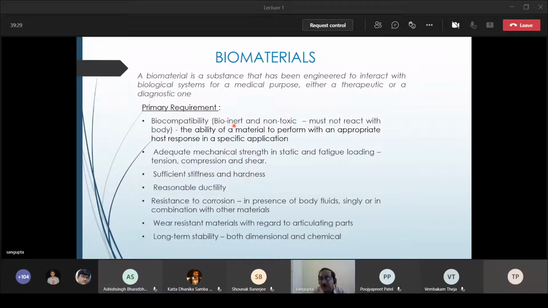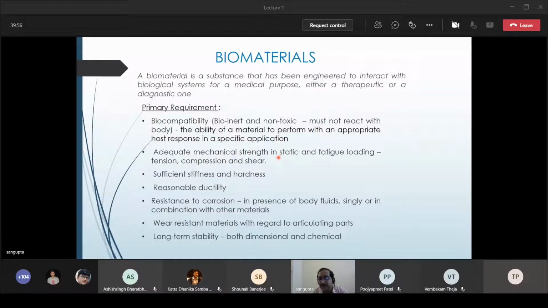It should not react with the body, bone cells, blood cells, marrow, anything. And it should not have any toxic effect. So it is the ability of a material to perform with an appropriate host response in a specific application. So biocompatibility is the most important requirement of a biomaterial.